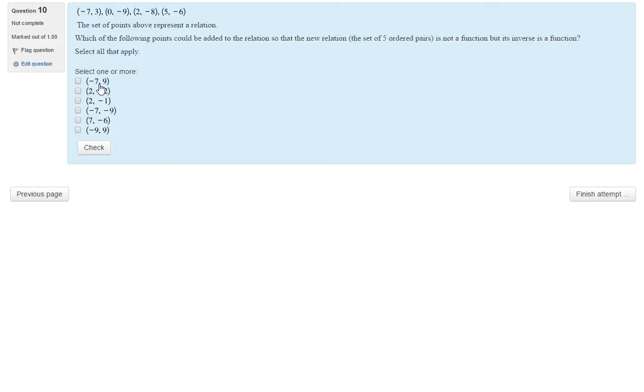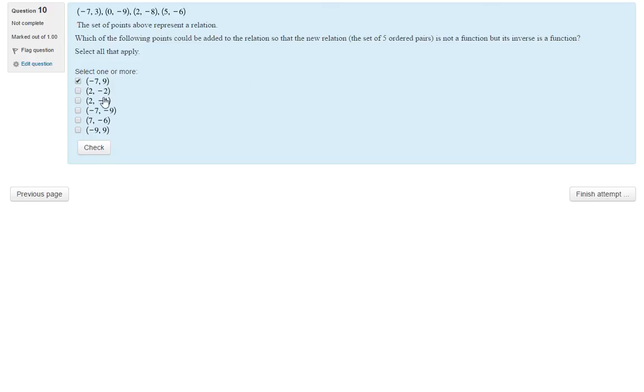If I pick this point, then 9 is a different y value than each of the original y values. So when I flip all the x and y values, each x value in the inverse will only produce one output. So that does work. It meets both criteria.